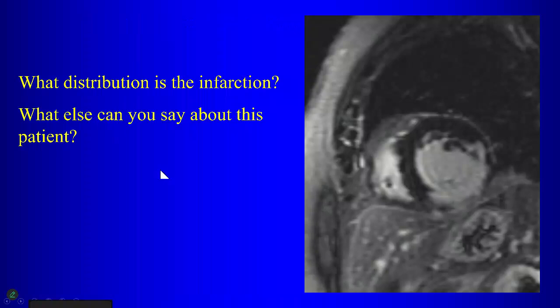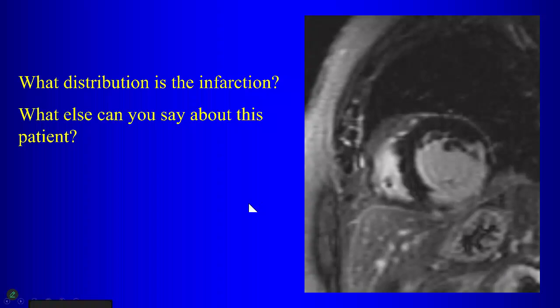Now what's different about this, and what can we say about this patient? Well, it seems like it's a weird distribution for this infarct, right? It involves here the lateral wall, but also involves the posterior wall.